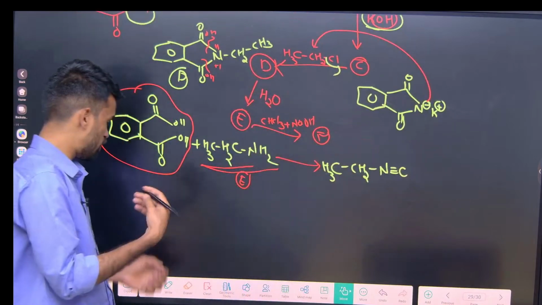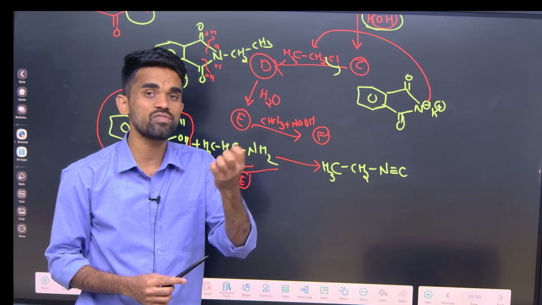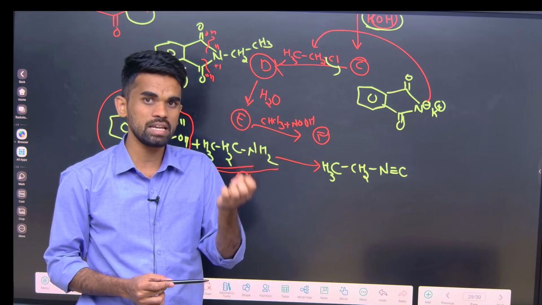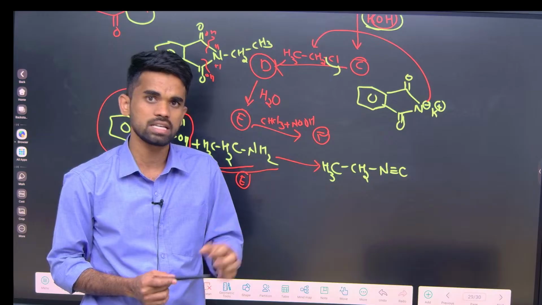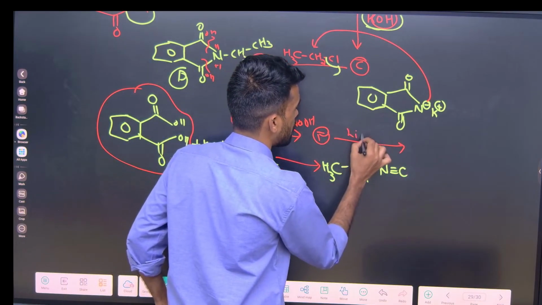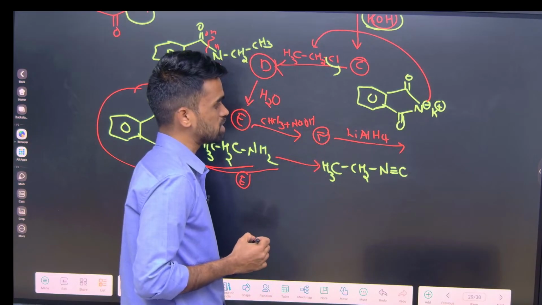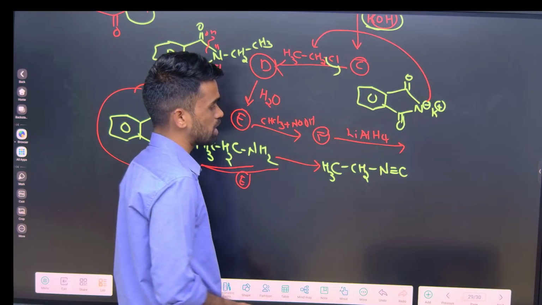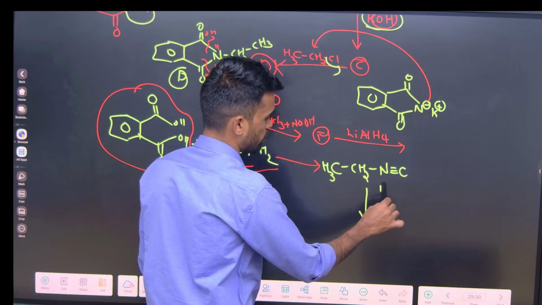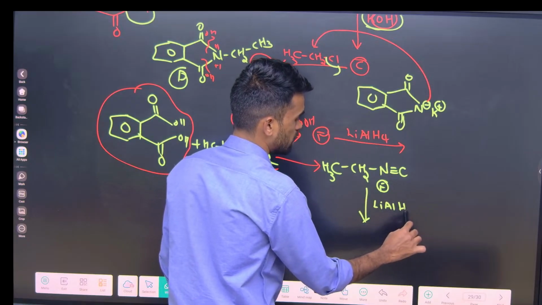Now we can add a few more steps, because in yesterday's class we studied the reduction of amines, cyanides or nitriles or isocyanides. So if F is treated with lithium aluminium hydride, now tell me what is the product formed?